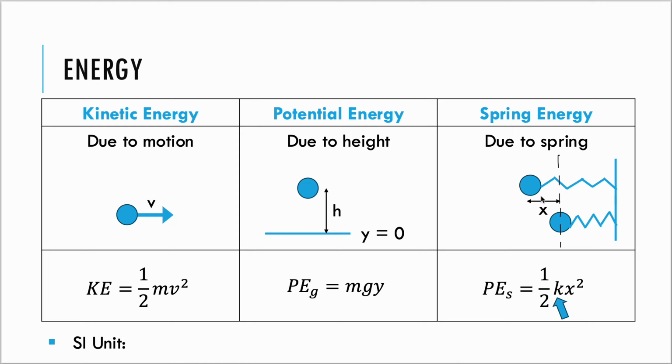Because it is stretched, that means it has the spring potential energy, PES, equal to 1/2 kx squared, where x is the stretch or the compression, and k is the spring constant, which measures the stiffness of the spring, and it's usually given. The SI unit for energy, no matter what type, is going to be the joule, the same unit as work.